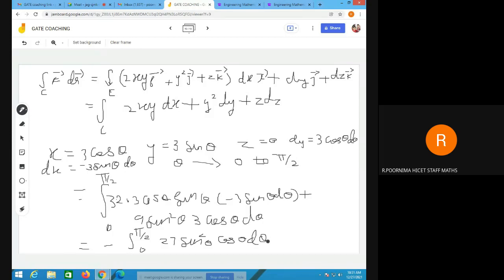If you integrate this term, you will get sin square theta divided by 3 with minus 27.